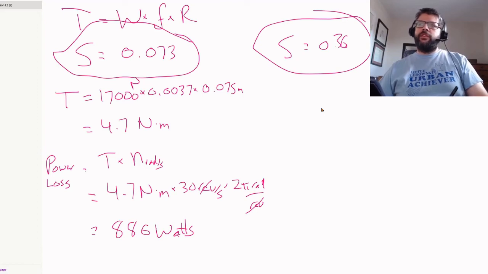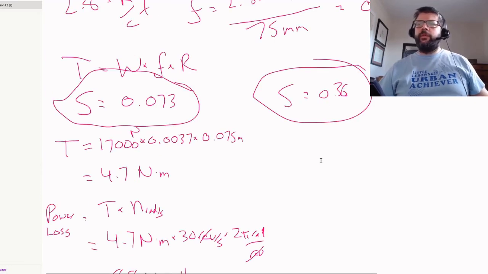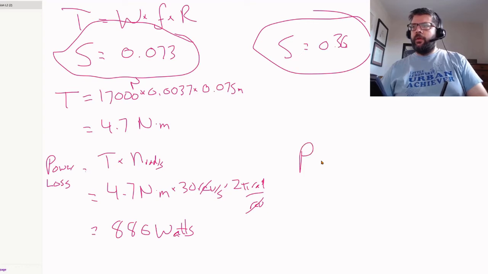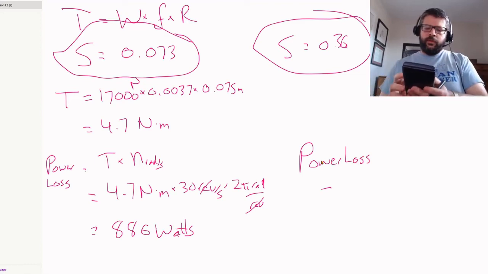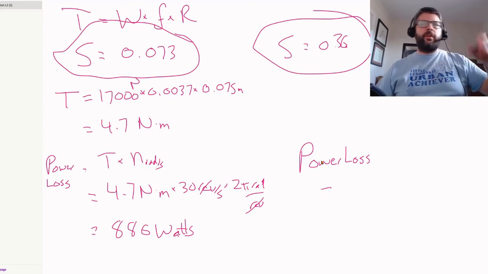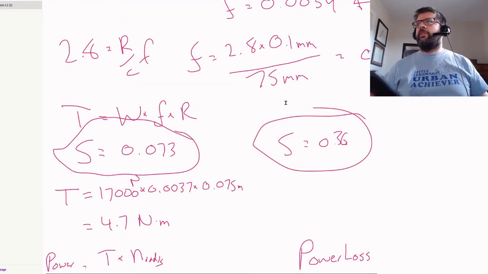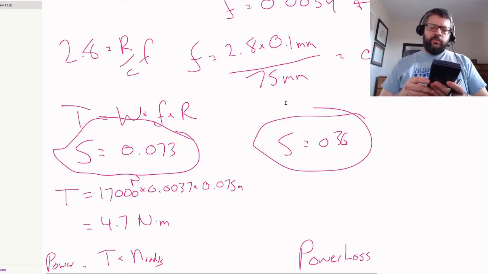So the calculation remains the same, other than the fact that this thing got multiplied by a slightly different value. So I'm just going to say that the power loss can be calculated as 886 times the ratio between the two coefficients of friction, so times 58 divided by 32.